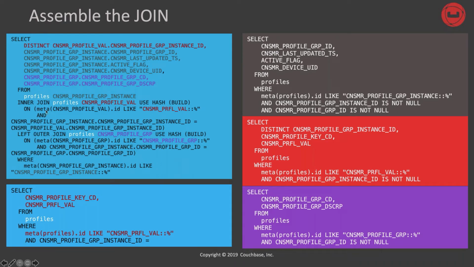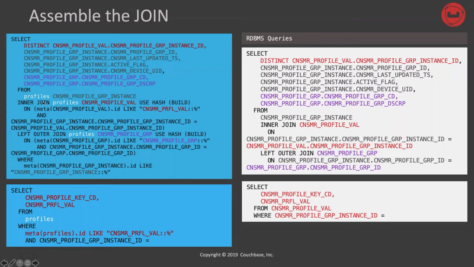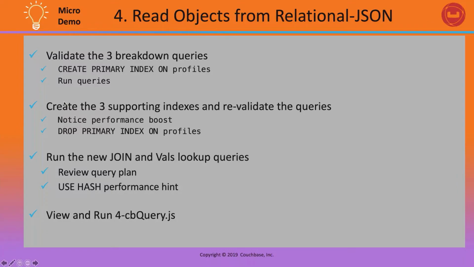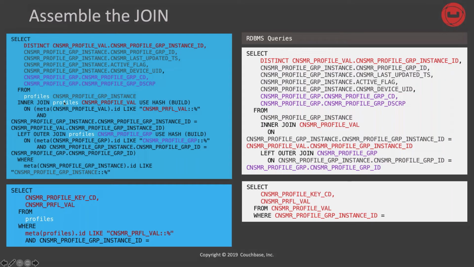And the only thing that's changed from the original queries at the end of the day is that I've had to change the from clauses to go from profiles, alias them with the document types I'm looking for, and then add the additional filter for looking for the key prefix there before I do the comparison in each of the join levels. So I know that was kind of a lot, but it'll make more sense, I think, as we go through it and walk through this together, which we're going to do right now.